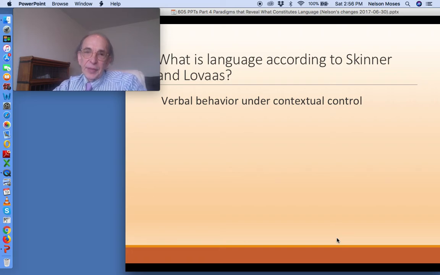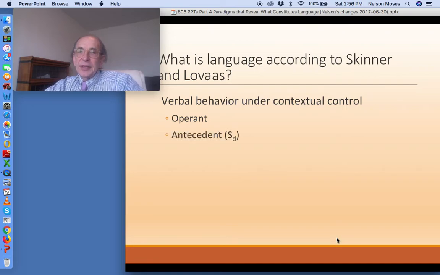And eventually verbal behavior undergoes contextual control, the context. And we recognize, therefore, that language involves verbal behavior that operates on the world, that attempts to be adaptive, that causes things to happen, requests, commands, comments, and that gets others to react, right?